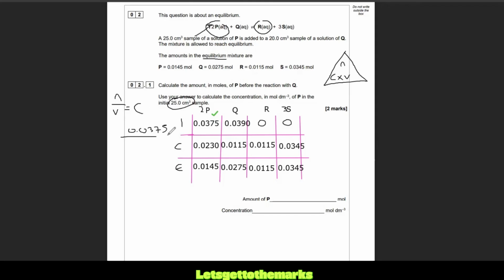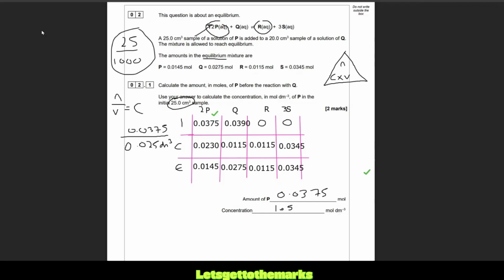You know what to do: divide it by 1,000. 25 over 1,000 gives 0.025 dm³. Dividing 0.0375 by 0.025, we get a concentration of 1.5 mol per dm³. That's going to get us all of the marks for that part of the question.